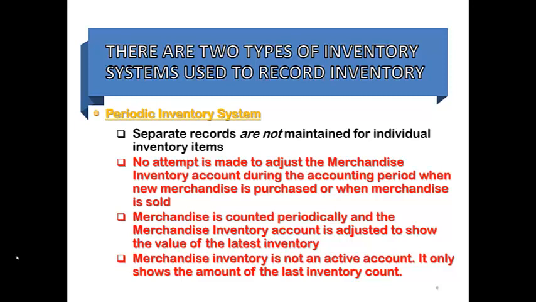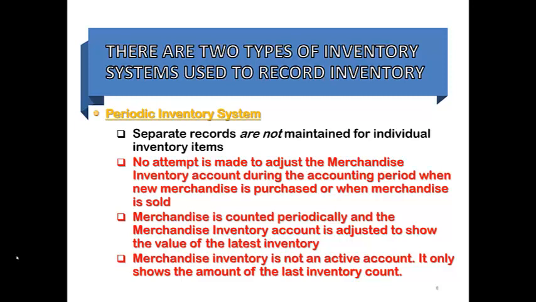And under this system, we only have the correct merchandise inventory figure periodically. We go and count it at the end of the year so that we can adjust it to the correct amount. So we don't keep a detailed record of individual inventory items.